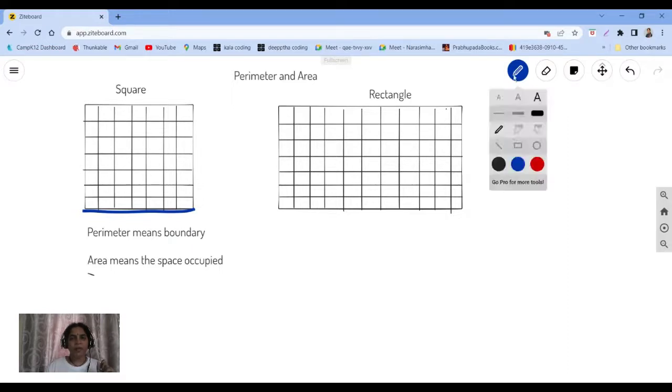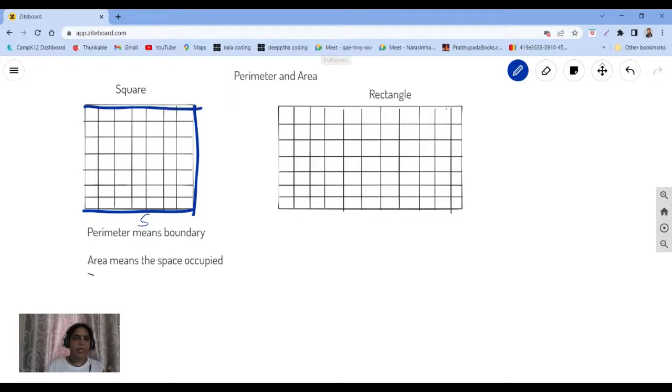So, we will call this one side S. Then surely the other sides, this side and this side and this side, will also be S, S, S, right? They will be the same, because you just count and see. We have 7 boxes on this side, 7 boxes here, 7 here, 7 here. All the sides are the same.